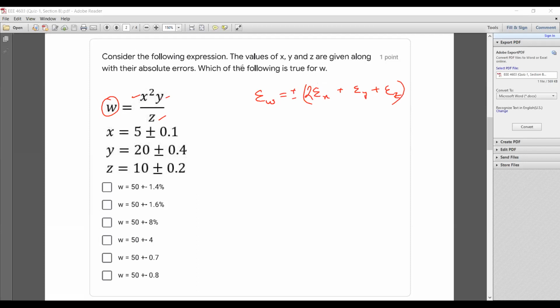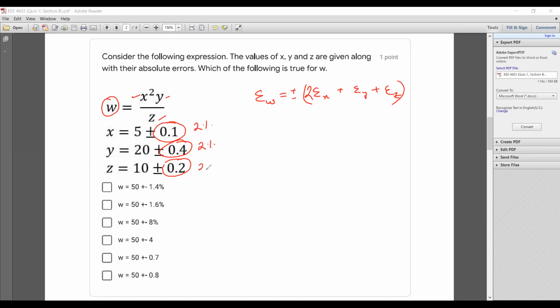However, for this particular problem, the errors are given in terms of absolute values. So the first thing would be to convert these into equivalent relative errors. For the first case, the relative error will be 2%. For the second case, it is also 2%.